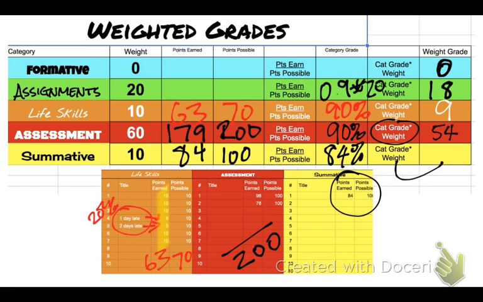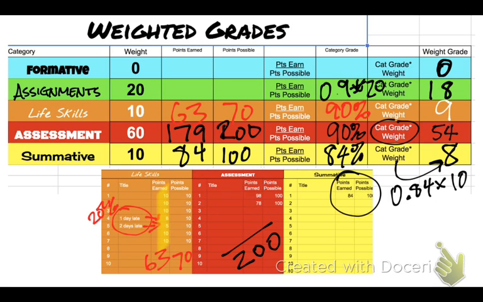Now to multiply this right here, I'm going to type in 0.84 times 10, which gets me 8.4. I'm rounding. Do I round up or keep it the same? Keep it the same. How did you know to keep it the same? Because 4 is low.